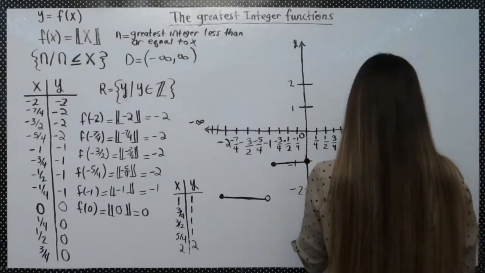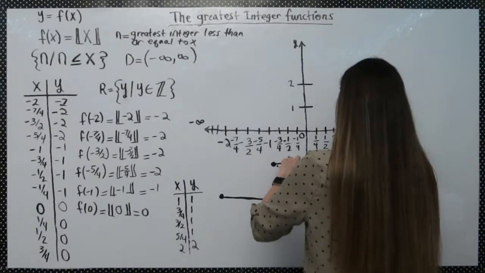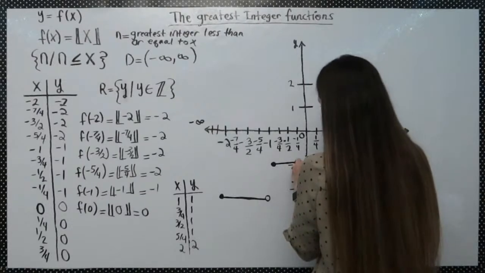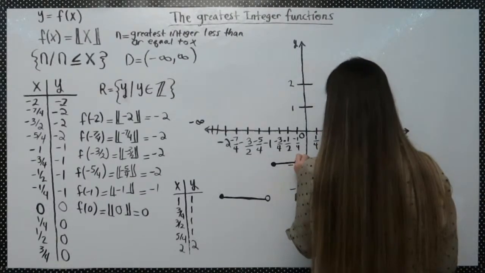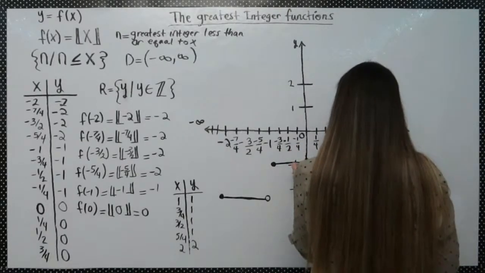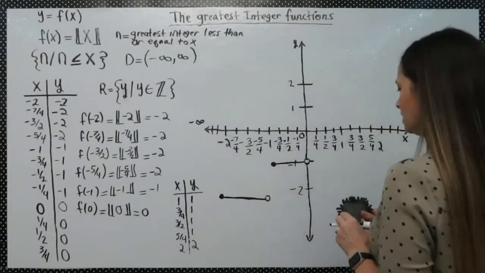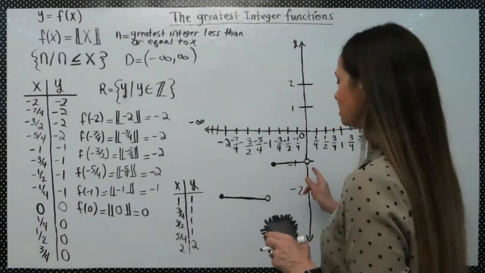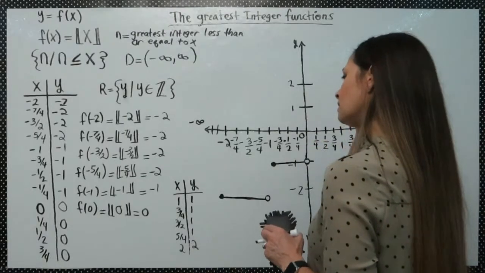Let's see if I can get this in here. I can paint an open circle on that, because it's crucial. It's an open point at 0, because 0, 0 is now on the graph.